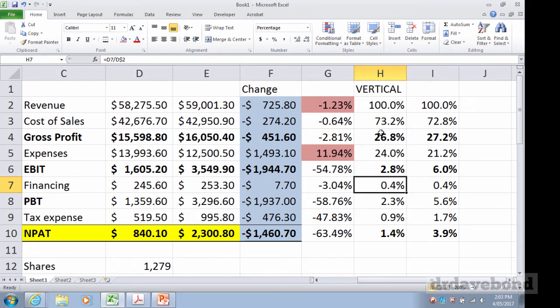Okay, so immediately what we can see is profit as a percentage of revenue. So whereas in 2015, they made $3.90 for every $100 in sales, 2016, they were making $1.40 in every $100 in sales. So they're making less than half the margin. And again, a lot of that is driven by the expenses.